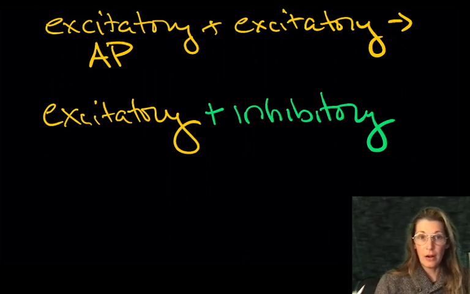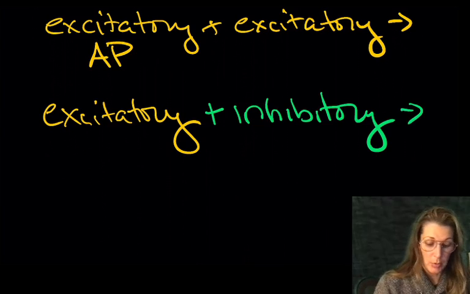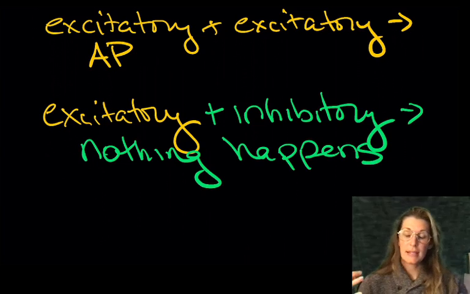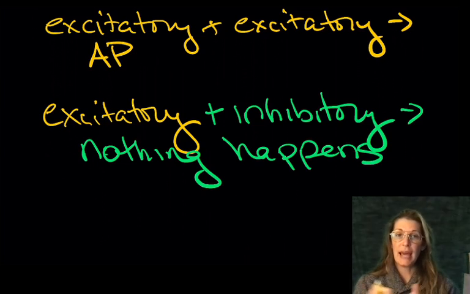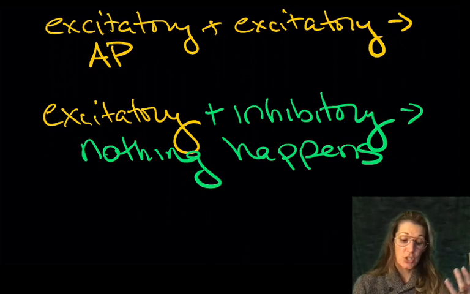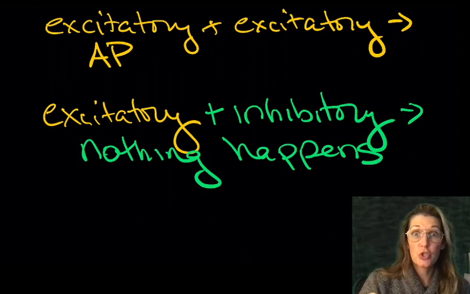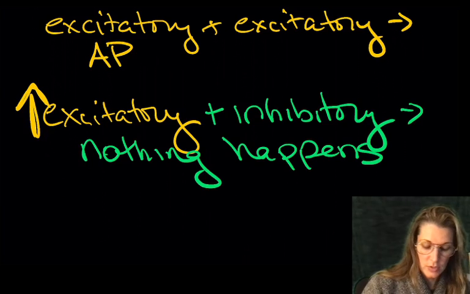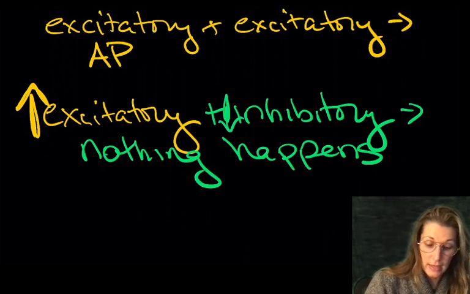And if we add our excitatory and our inhibitory, nothing happens. And so, whereas excitatory plus excitatory, you can think of that as adding two positives. Excitatory plus inhibitory, you can think of that as adding a positive and a negative. And of course, the strength of these is going to play into this too. If the excitatory is super, super strong and the inhibitory is very weak, let's say that this one's really strong and this one's very weak, you might then get an action potential.